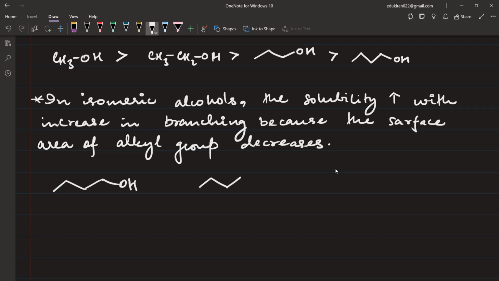And then we have one branch here. This is also 4 carbons with one OH, an isomeric alcohol. Then you can have another, with just 2 carbon atoms, then OH, and the other carbon atoms attached like this. All of these have 4 carbon atoms. But as you can see in this particular case, it is going to take less surface area. That is why it is going to have the highest solubility, followed by this one and then this one.